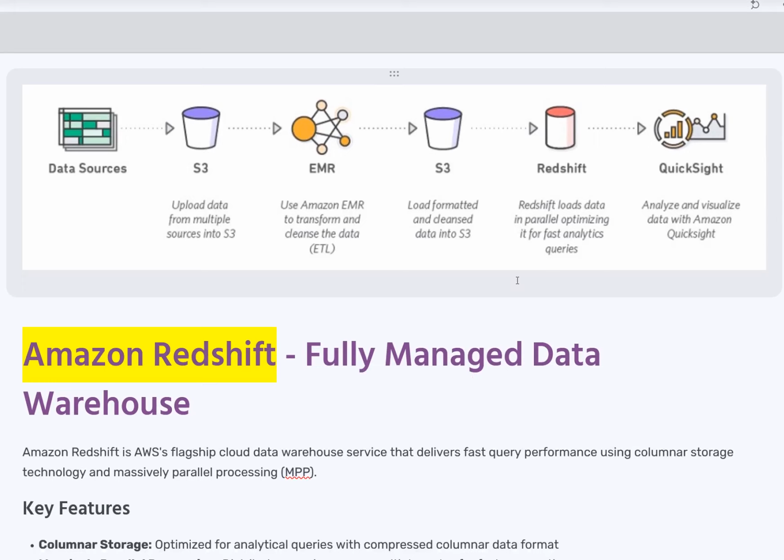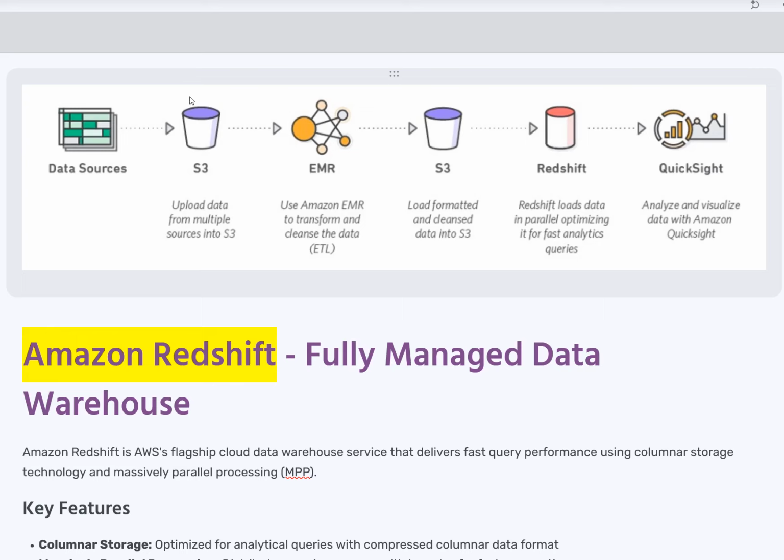also explains some sort of a workflow, with data sources coming in here, right? And then the data sources upload data from multiple sources into S3 buckets. And then you've got EMR, Elastic MapReduce, to transform and cleanse the data. So extract, transform, and load, formatted and cleansed data into S3.